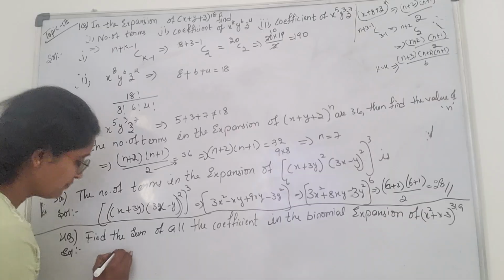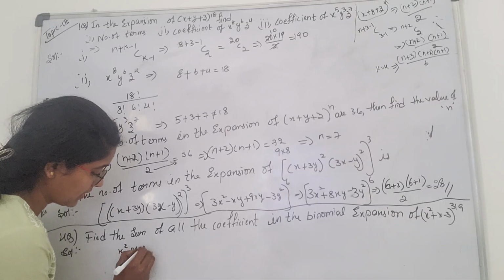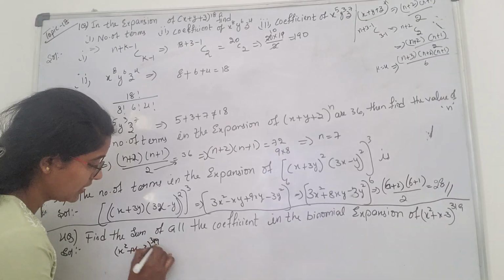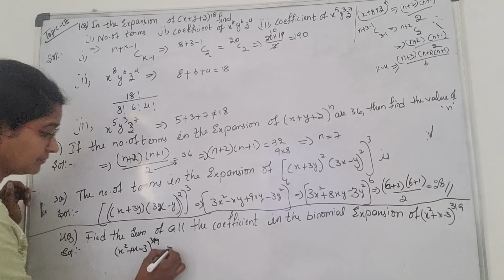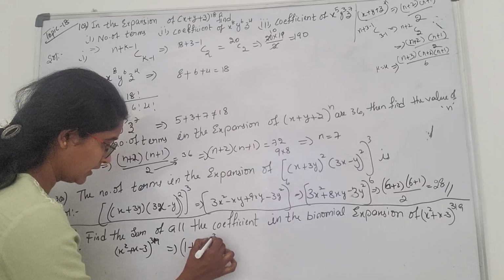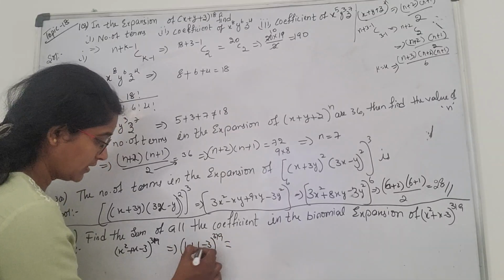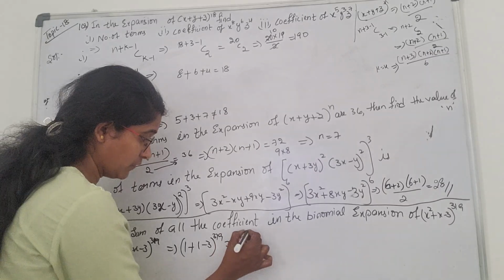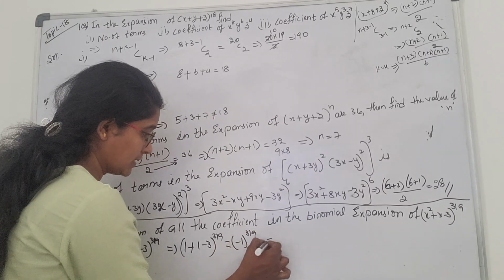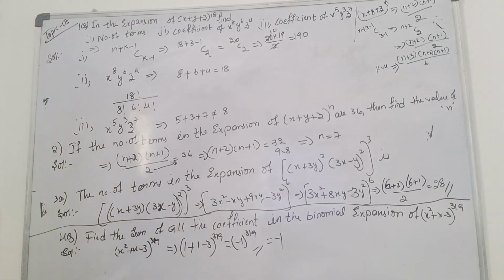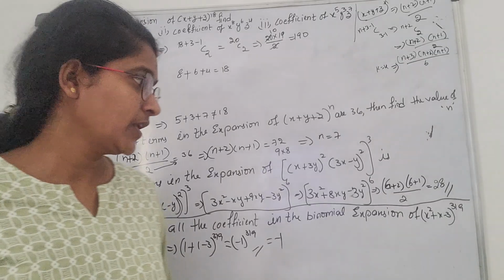So we'll keep it that. x square plus x minus 3 whole power of 319. 1 square is 1 plus 1 minus 3 whole power of 319. So 1 plus 1 is 2, minus 3 is minus 1 whole power of 319. That's it. Your answer is minus 1. The sum of the coefficients of this expansion is minus 1.